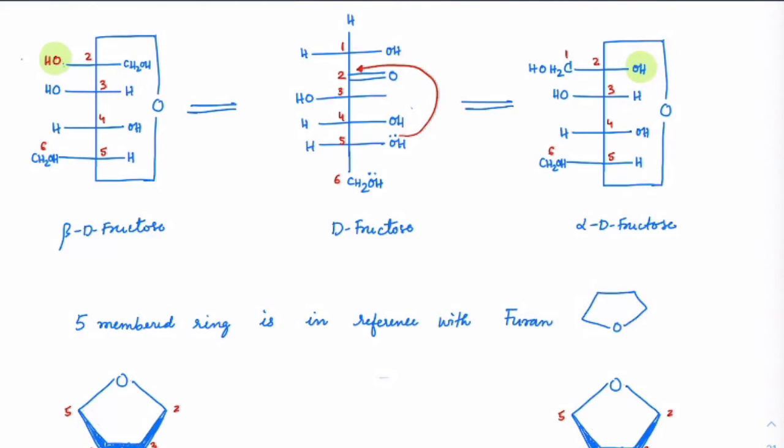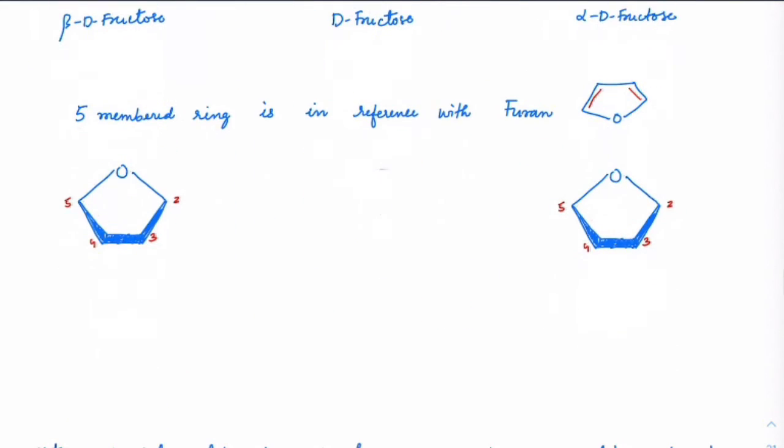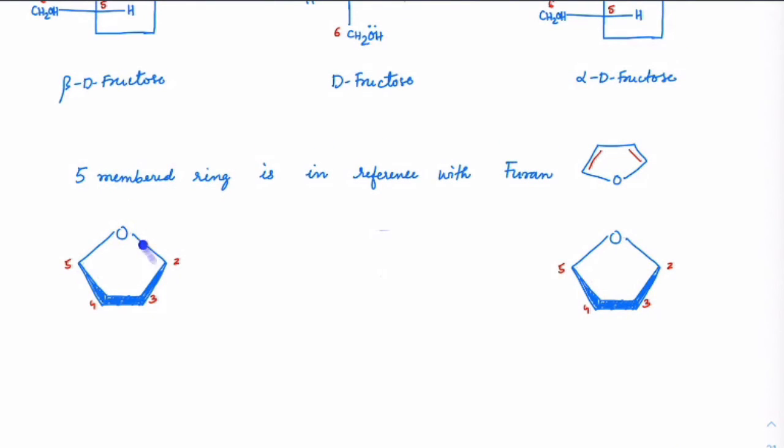In furan also you will have this O, right? Double bond here, right? So this is the furan structure. I can write furan in 3 dimensions this way, and this will help in Haworth projections. So you can imagine that this is carbon 2, 3, 4, 5 in the fructose which we are writing.